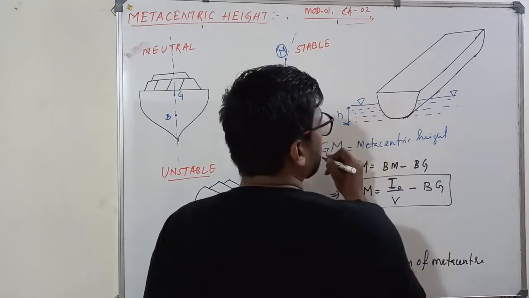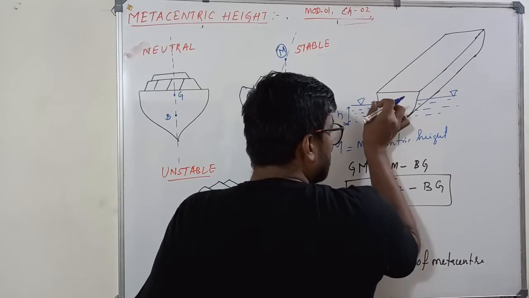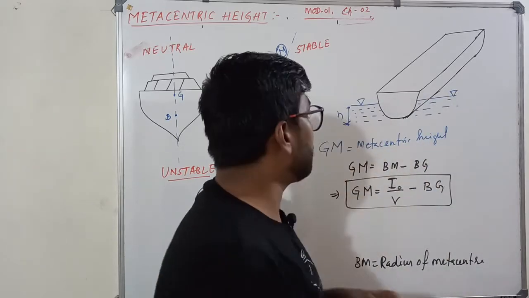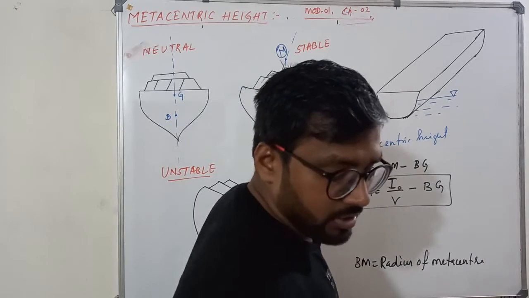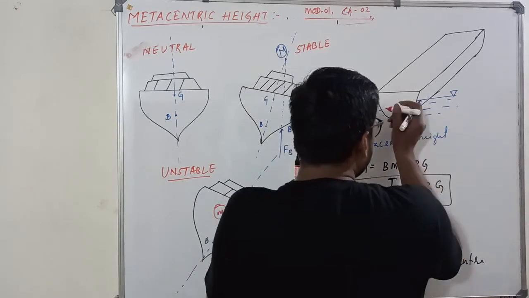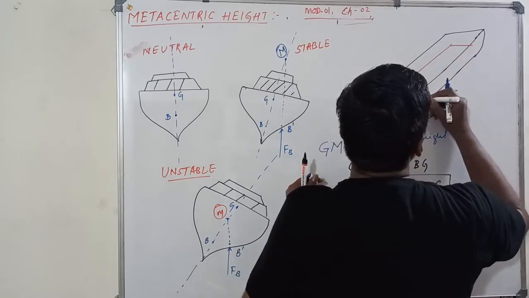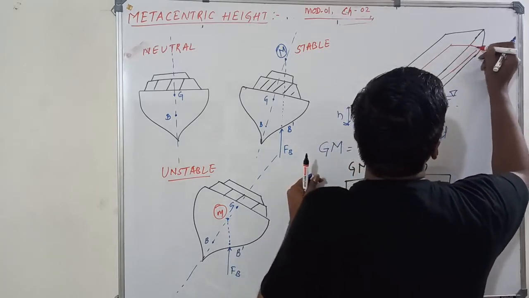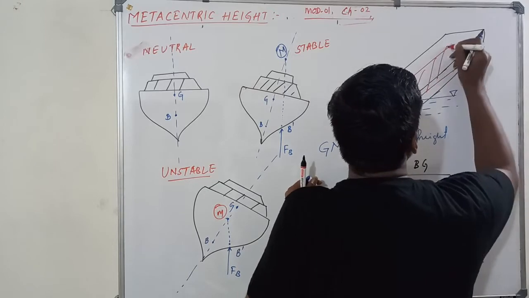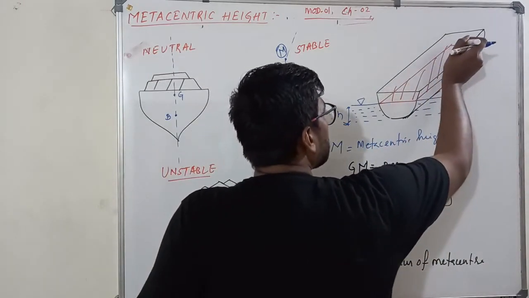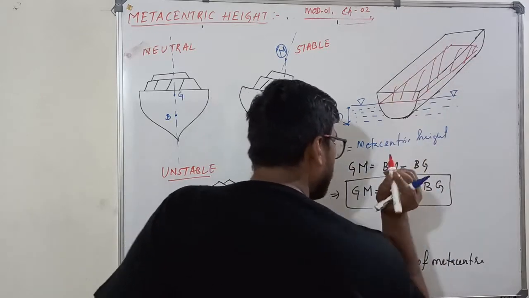This is the free surface of the liquid. On the free surface, the area which is coming in contact with the free surface of the liquid, you can imagine, yes or no? The moment of inertia about this plane is your I naught.